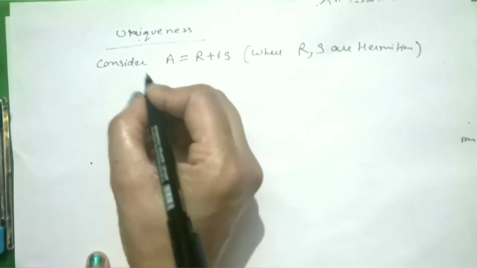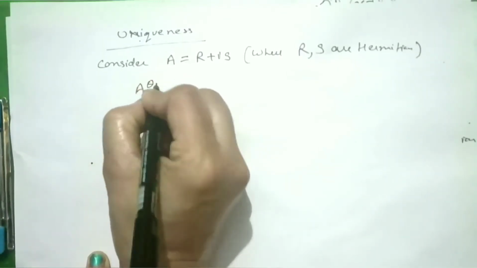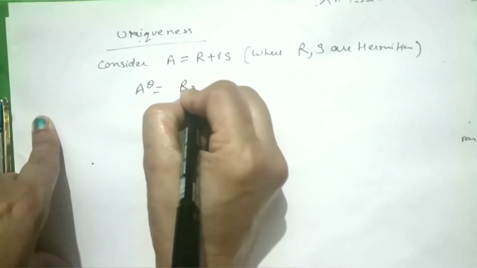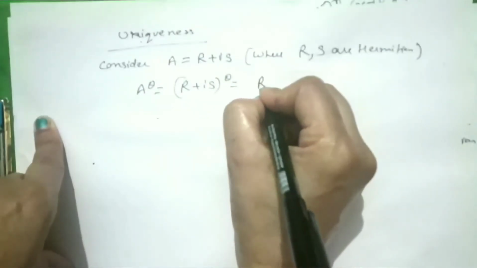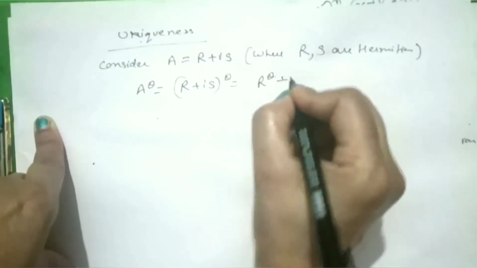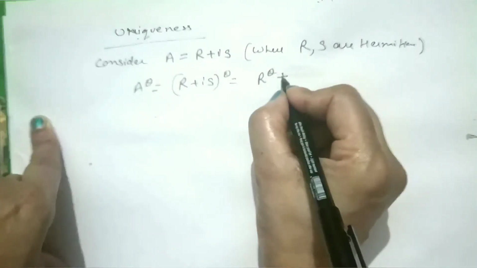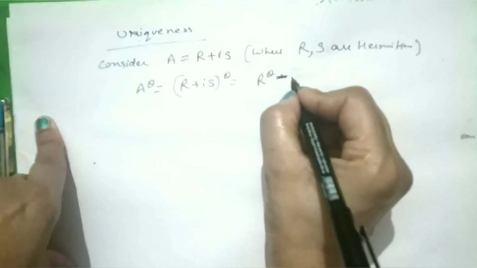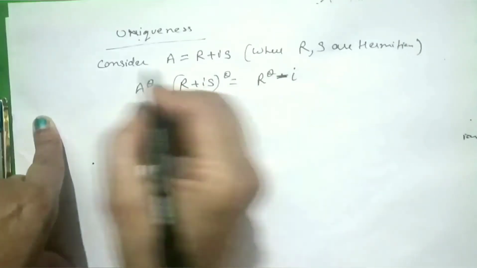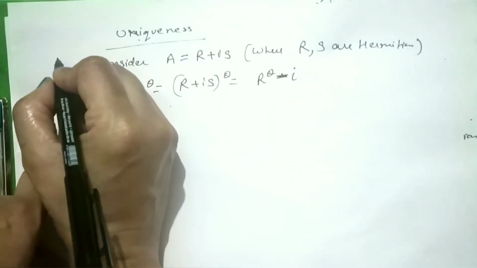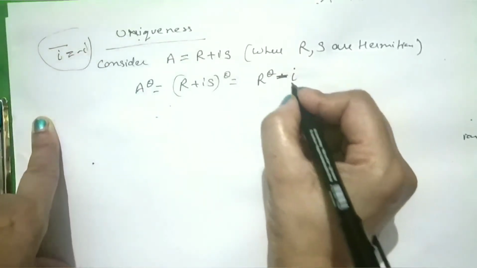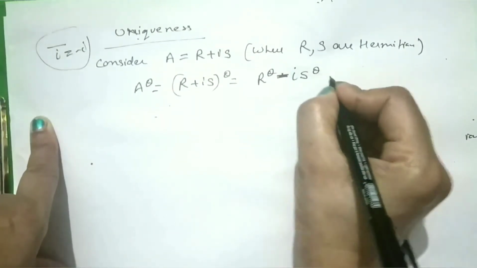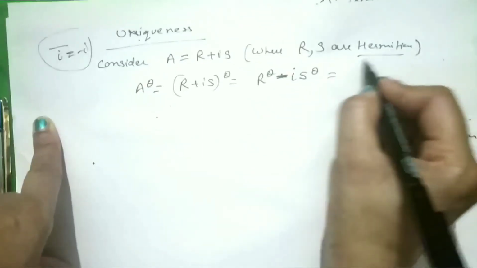Now, what is A theta? It is R plus iota S, theta. Theta will go inside, it will be R theta. Now see, the theta operation for iota will be minus iota, because theta means transpose and conjugate, and the conjugate of iota is minus iota. So minus iota S theta. R and S both are Hermitian.